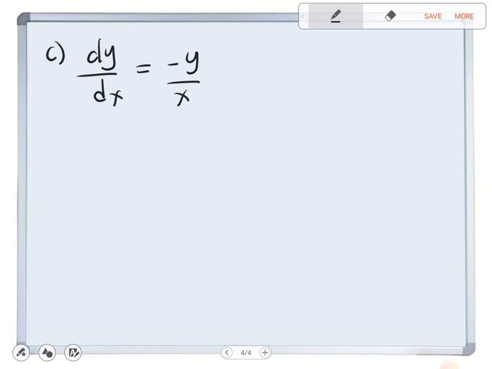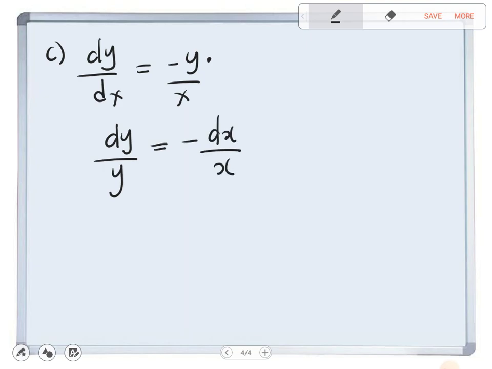What can I do? I divide throughout by negative y, so I'm going to end up having dy over y. This dx should go here such that this becomes negative dx over x.